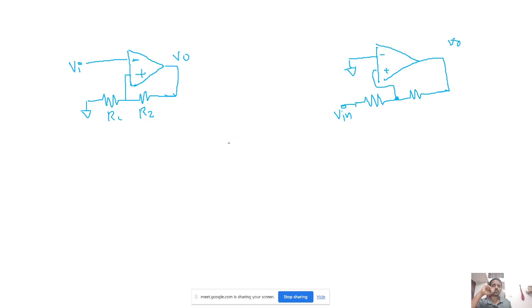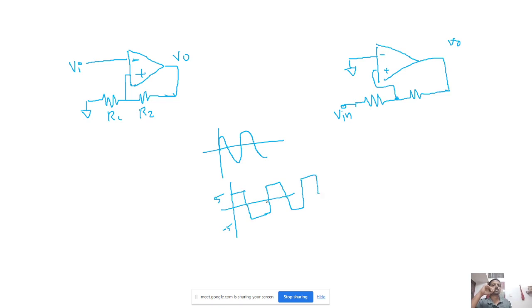Multivibrator means the output varies. It is actually an oscillator, but when we saw sinusoidal oscillators, the output signal is continuous, right? But in a multivibrator the output is fixed. For a particular time it is some voltage, 5 volt. After that it will vary to minus 5 volt. So it has only two states.